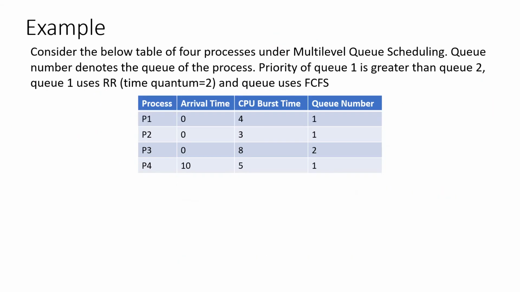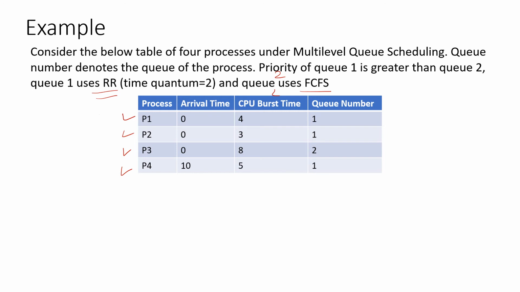Now we'll solve one numerical based on multi-level queue scheduling. In this problem there are four processes given: P1, P2, P3 and P4. The priority of Q1 is greater than Q2. Q1 uses round robin with time quantum equal to 2 and Q2 uses first come first serve scheduling algorithm.